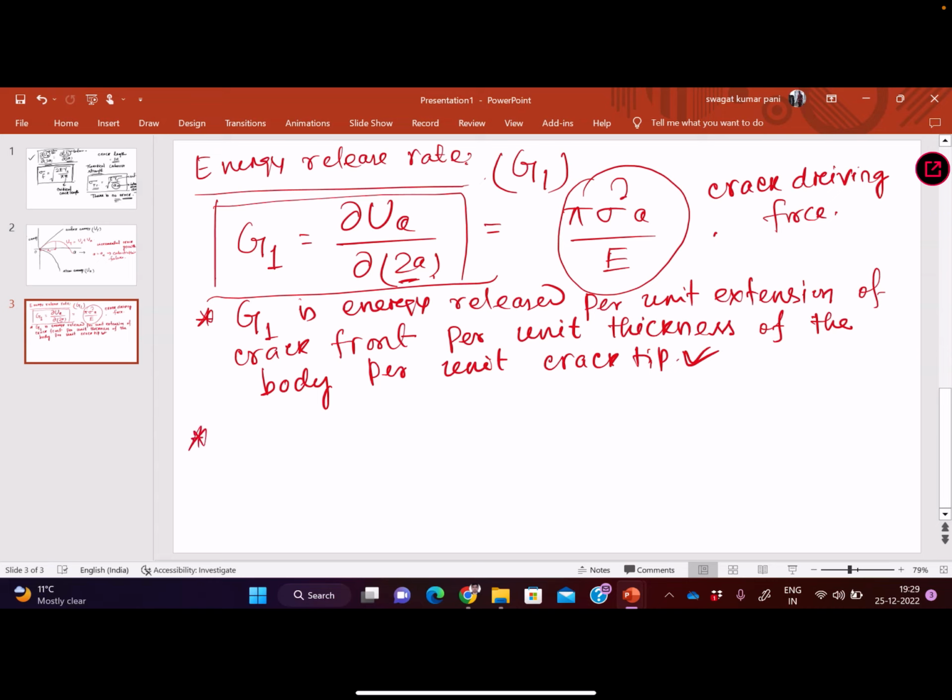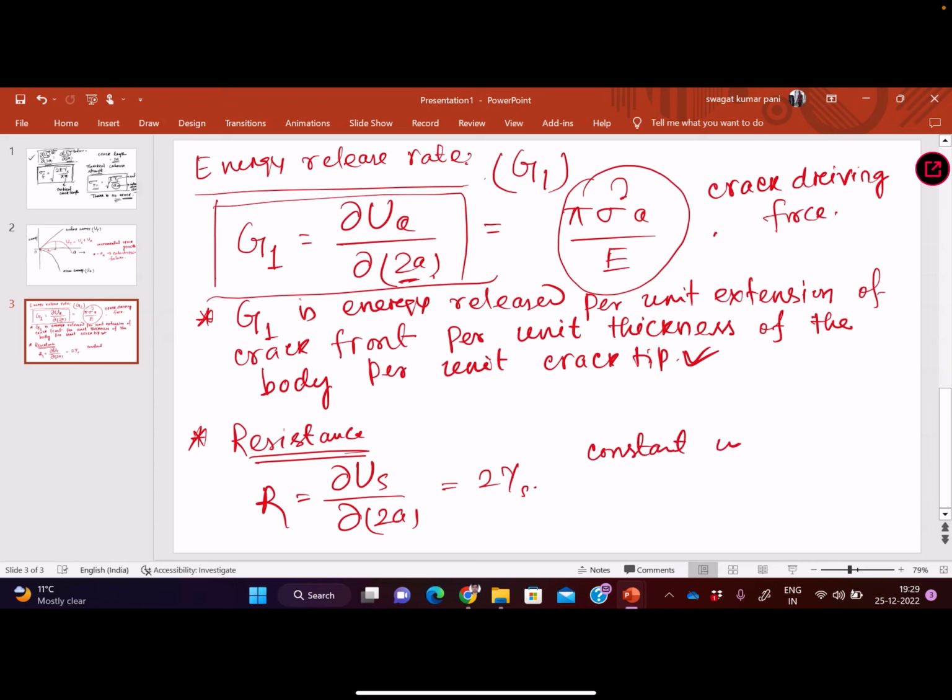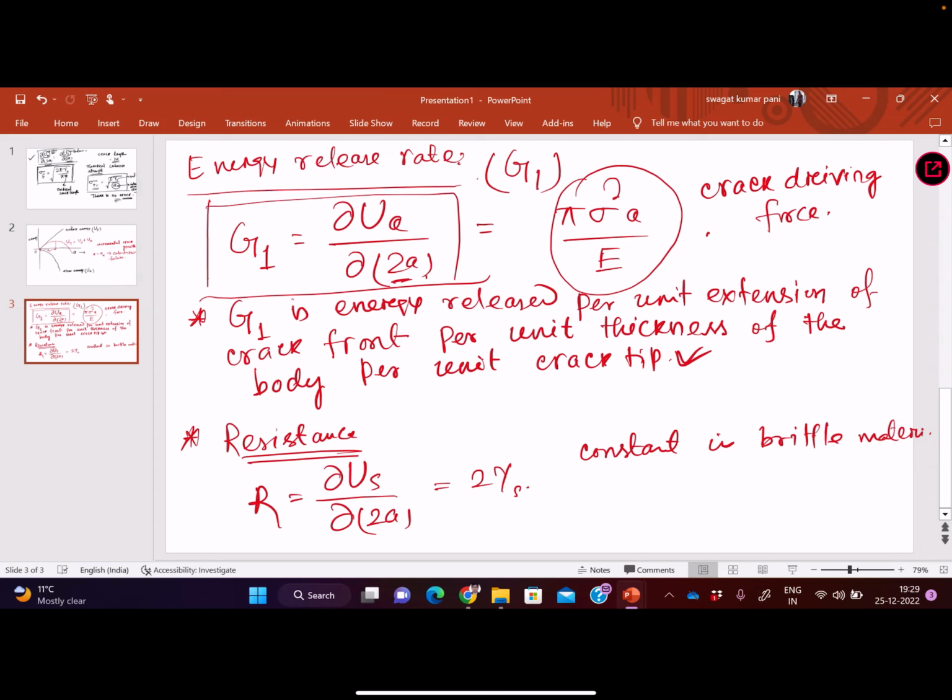Similarly, another term you might have heard, resistance or R curve, that is just the surface energy term. This remains almost constant in brittle materials because there is no plastic deformation.